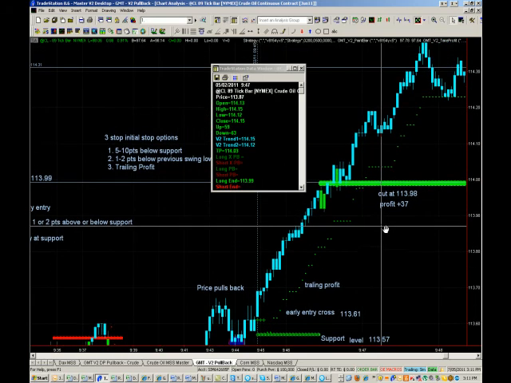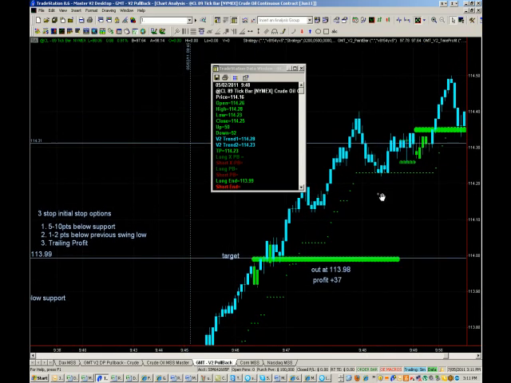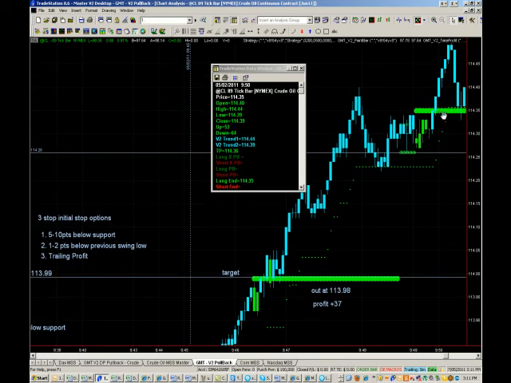And you'll see that price then shoots up again, and we get another pullback here, and the second pullback there is at 114.26. Now on this occasion price does pull back and touches the support level, and we also get a very small target.